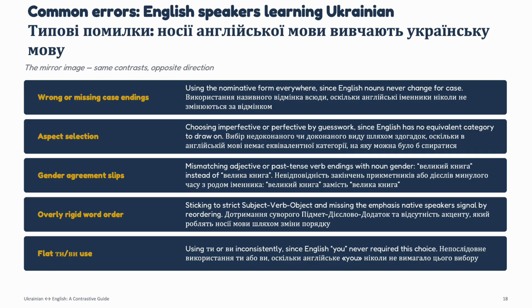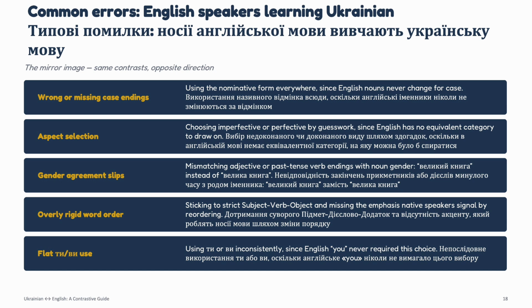For example, before I talked about велика книга or велике вікно, when we need to change the ending of the adjective. It's very common among people who try to learn Ukrainian that they just keep the same ending for all genders and singular and plural, which is not correct in Ukrainian.